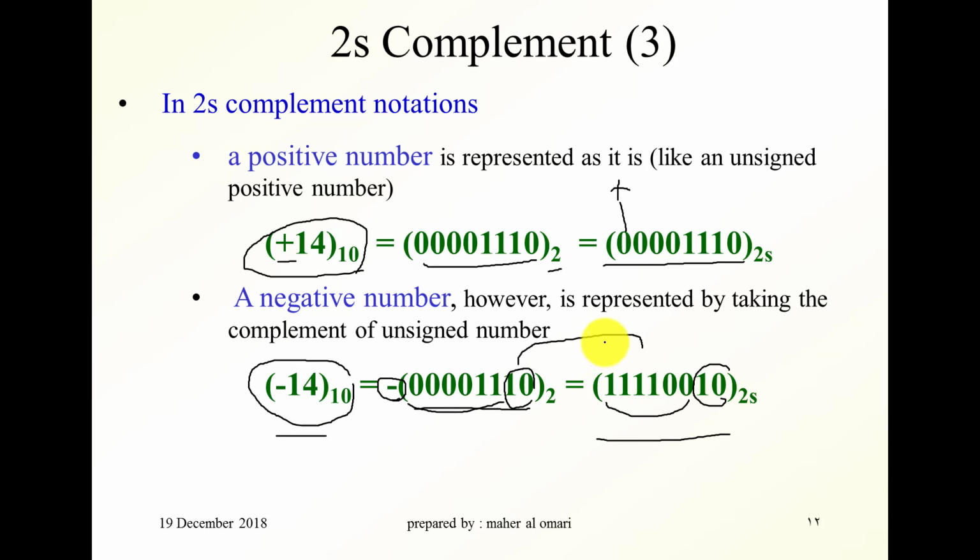When we see that this bit is 1, it tells you that this is a negative number. If you want to find the absolute value for this one, you have to take the 2's complement for this one. What is the 2's complement for this one? It is 0, 1, 1, 1, and 4 zeros. So this is a negative 14, which is this.